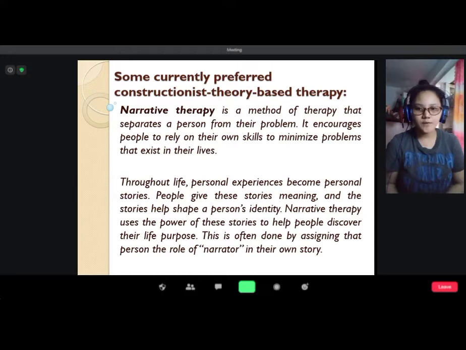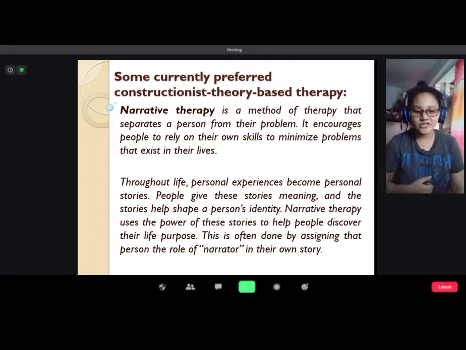For example, ako as a client, ang problem ko is not going to school. Then the counselor's first step na gagawin niya is externalizing the problems. Then after externalizing the problems, nalaman niya na yung problem niya kaya hindi pumapasok ng school is the fear and worry dahil natatakot siya at nangangamba. Then next is deconstructing the plot.